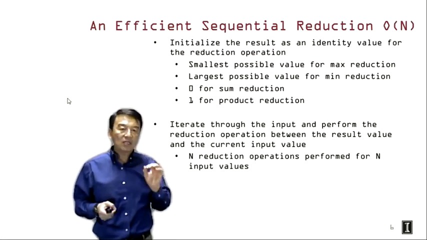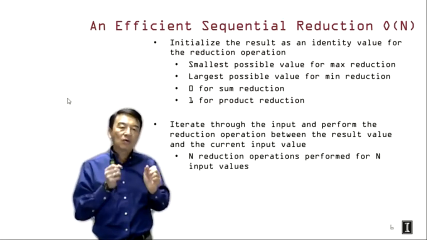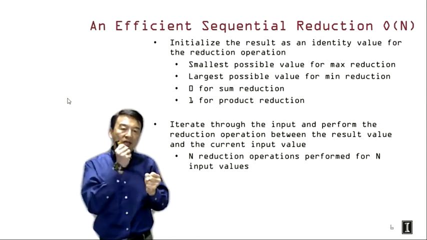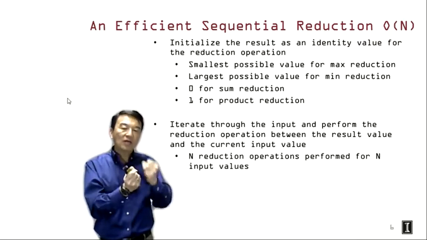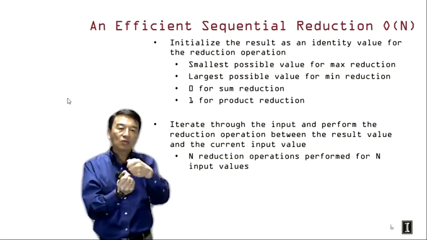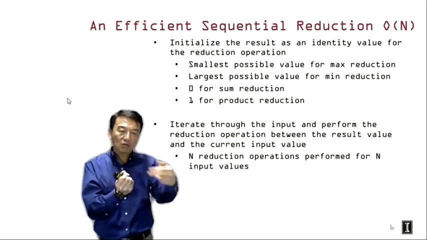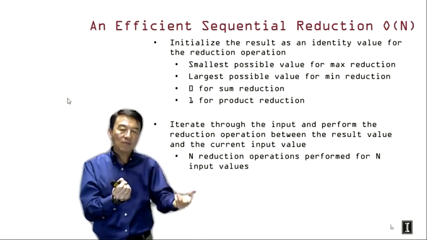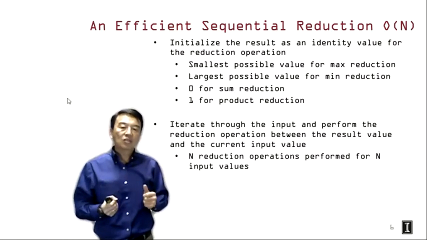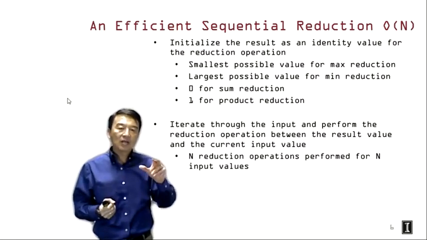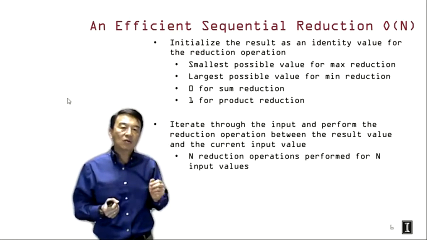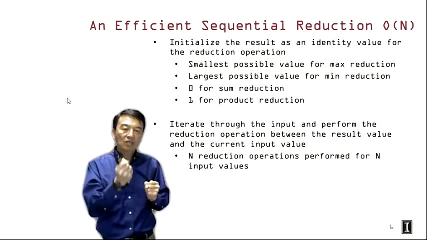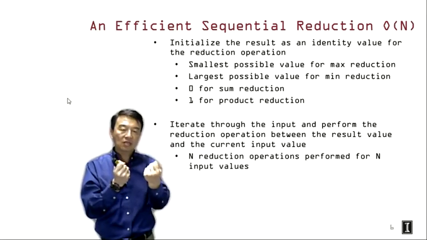Every time we visit an input value, we will do a reduction operation on the current result value and the new input, and we will write the answer into the result value. So we update that result value by visiting each input data. So every time, let's say we visit a new value for the max reduction, we will compare the current result value and the new value.